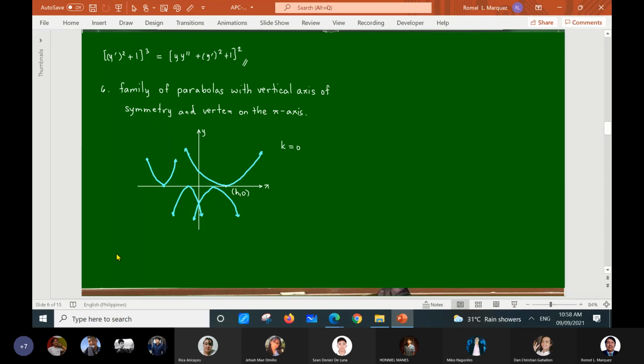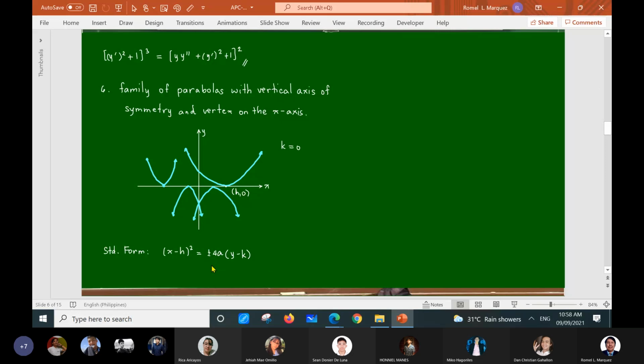So, what is the standard form for parabola, guys? Ano yung standard form pag opening upward, downward? X minus h, quantity squared equals, plus or minus 4a, kung kayo familiar dyan, y minus k, opening upward, downward.